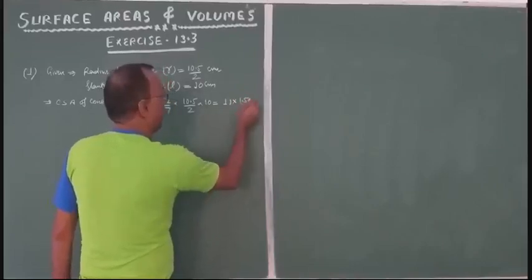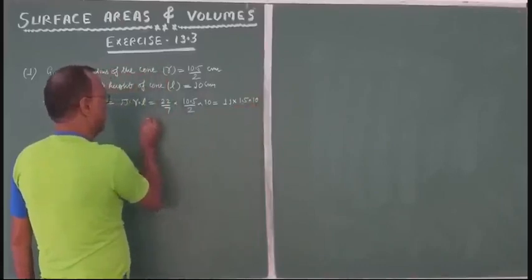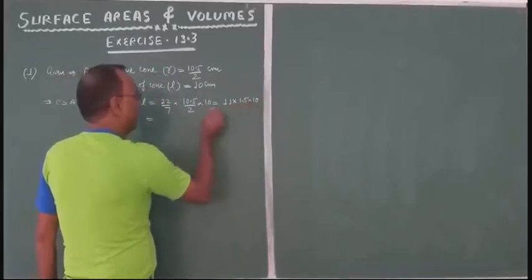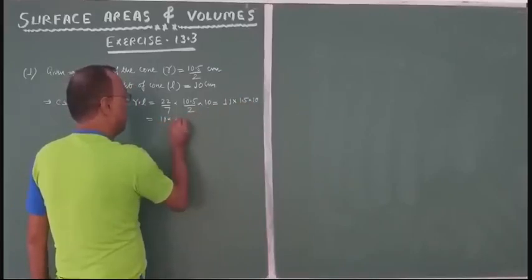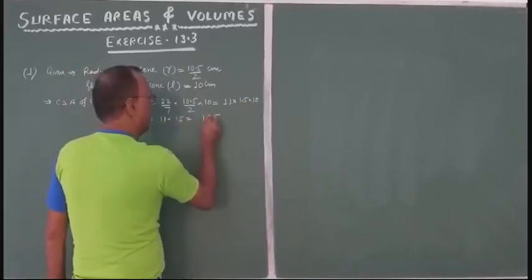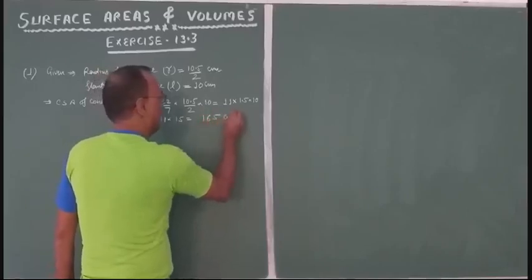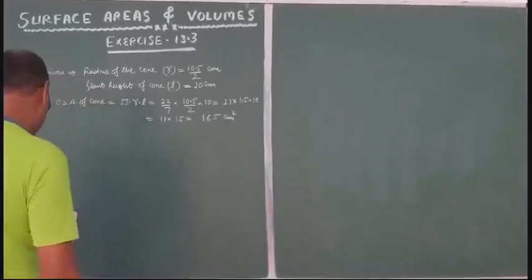Okay, and this is 10. So this will become 11 into 1.5 into 10 is 15. 15 1 is 15, 165 centimeter square.